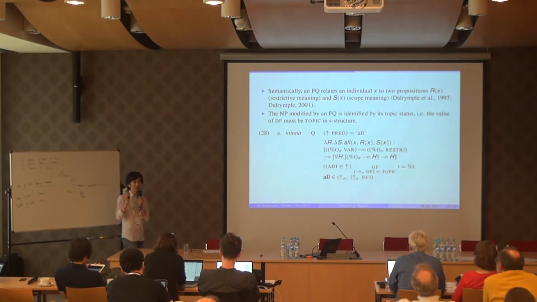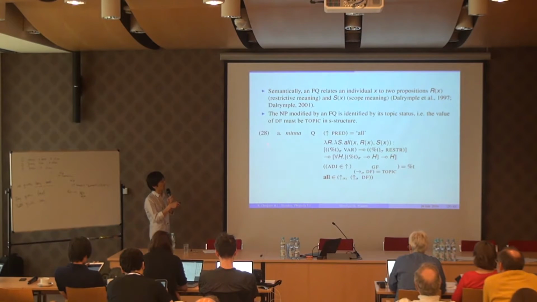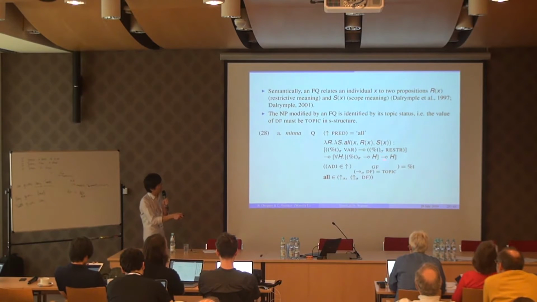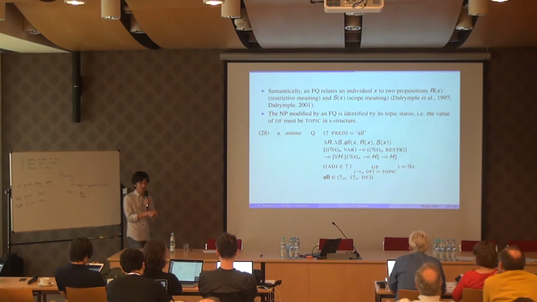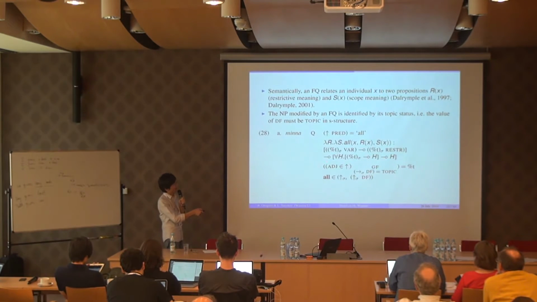We need to identify the target of the quantification, or the target of the modification. So we need to allow this quantifier to modify the topic noun phrase, and we need to specify that. So we introduce this local name T, and the specification of the GF of the local name is given below. Because this all is a sentential adverb, it is a VP adjunction. So this is a sentential verb phrase adjunct. We need to get out from the adjunct, and then find some kind of GF whose DF value is a topic in the f-structure.